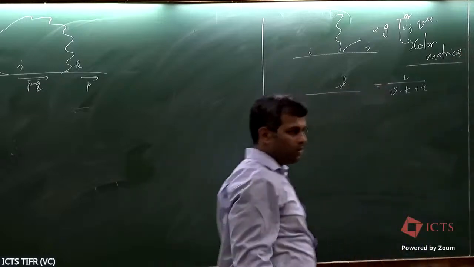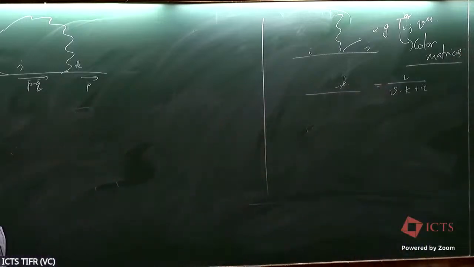This is HQET, I mean, QED also. Basically the color matrices are going to give you a constant factor that will be pulled out.